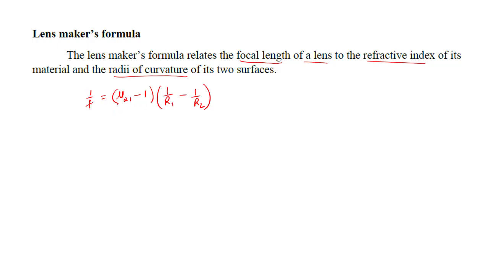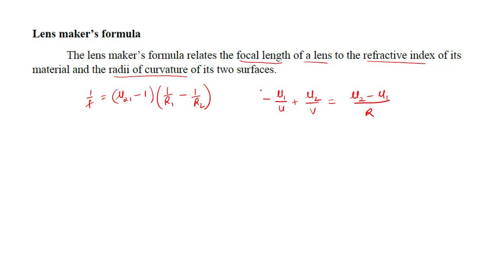Here, f is the focal length, mu21 is the refractive index of the denser medium with respect to the rarer medium, r1 is the radius of curvature of the first surface, and r2 is the radius of curvature of the second surface. And we are going to use the formula -mu1/u + mu2/v = (mu2 - mu1)/r.